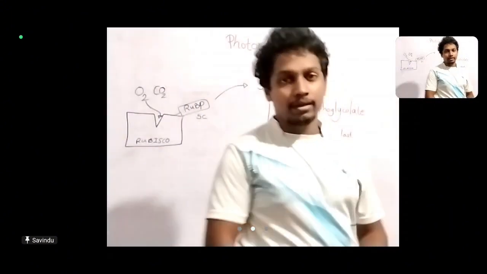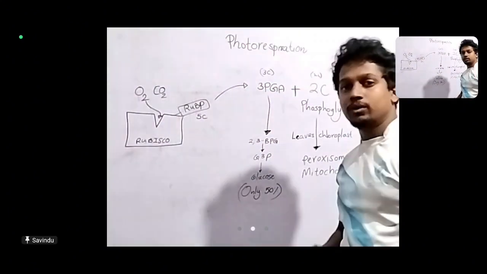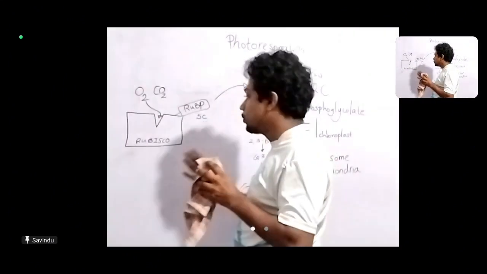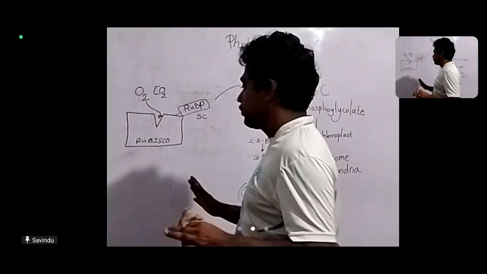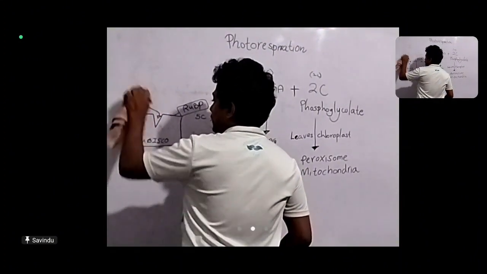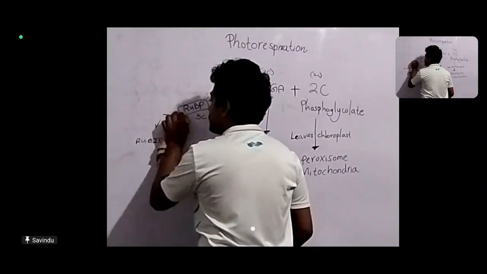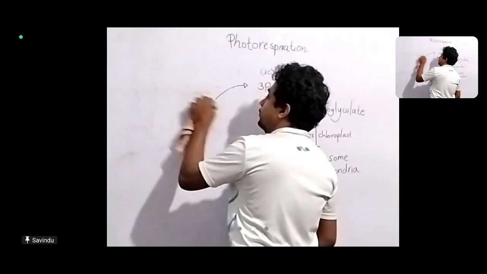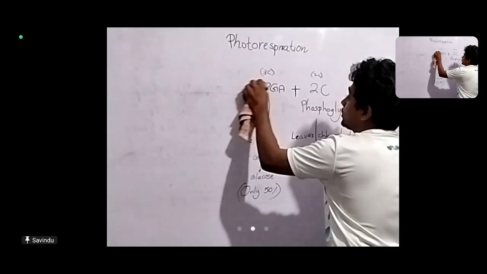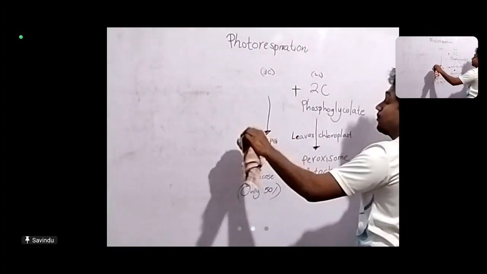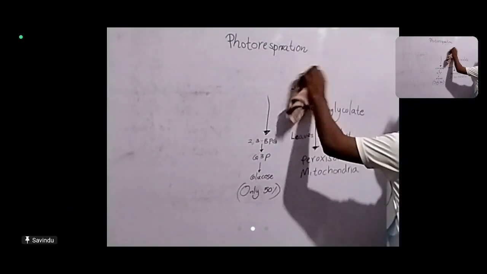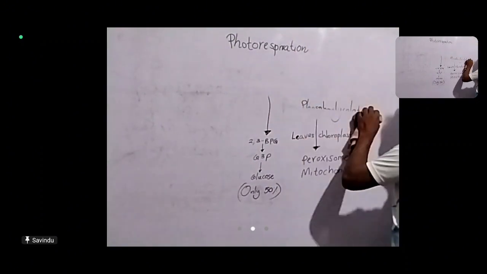Those are the points, and they will give you a short note to write in your textbook. Rubisco enzyme has dual action, two actions. It can bind with carbon dioxide and also oxygen. When oxygen binds to Rubisco, what happens? RuBP, as it is a 5 carbon molecule, combines with it and produces 3-phosphoglycerate, which has 3 carbons, and a 2 carbon molecule which is phosphoglycolate.